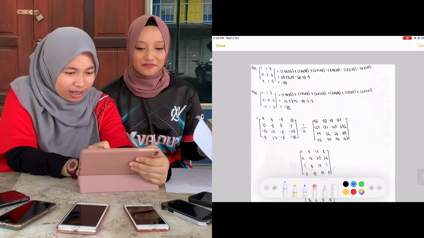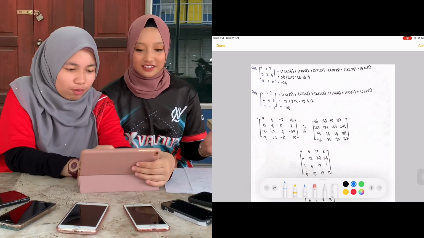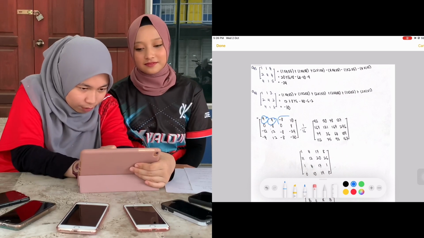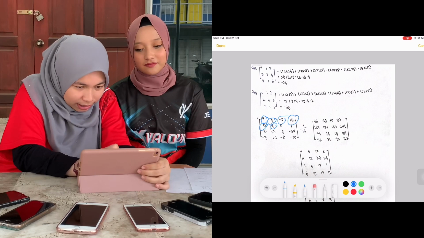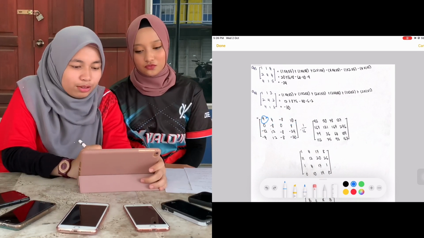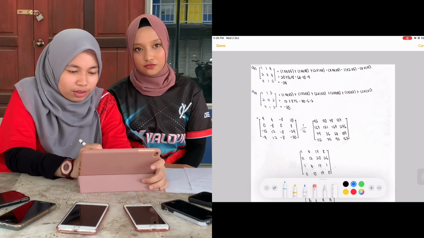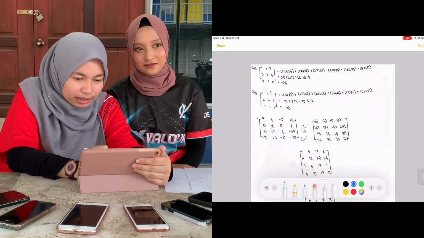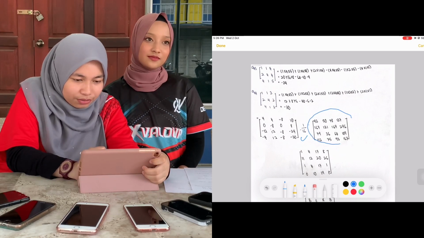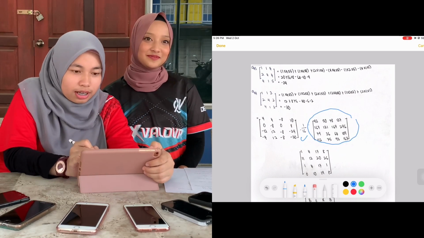After we get the A11 until A44, we put it inside here and form another matrix. To decrypt this message, we have to times it with 1 over the determinant and also the matrix that has been given in the question.